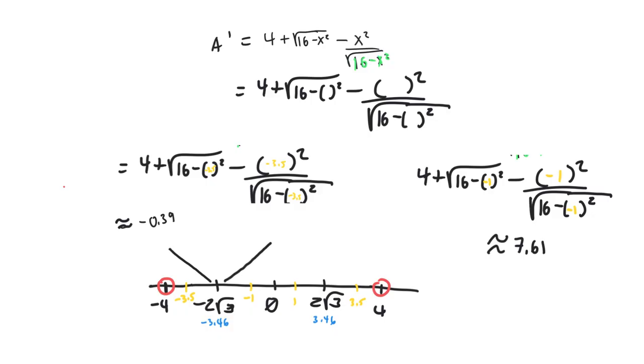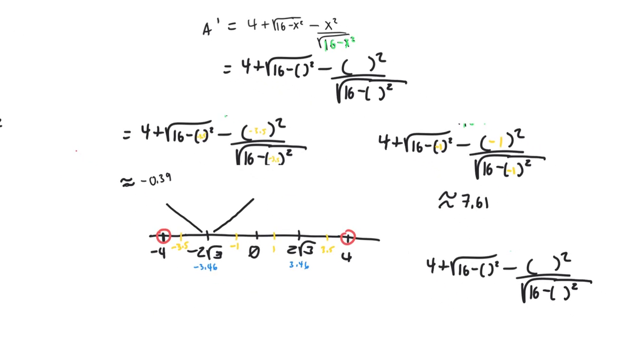Now, let's also, of course, plug in positive 1, but I don't even feel like I need a calculator for that. Because if this was a positive 1, wouldn't it just become positive? This would have just become positive. This would have just become positive. So it's really the case that this is just going to produce the exact same 7.61. So that is also going to be positive there, right?